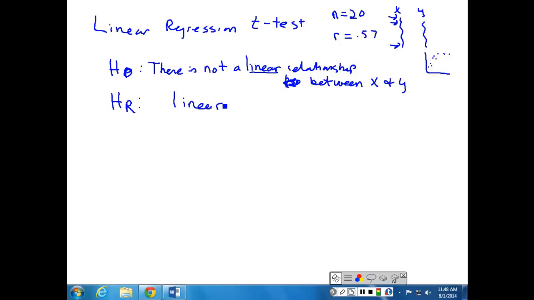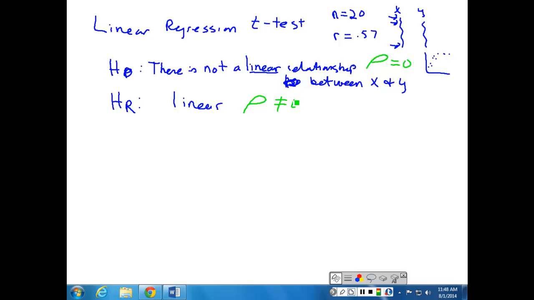There are a couple of other ways to put this. Remember, the parameter for correlation was rho. So I could have put H0, I'll just write this here. Let me put it in a different color. Rho equal to 0. Rho not equal to 0.